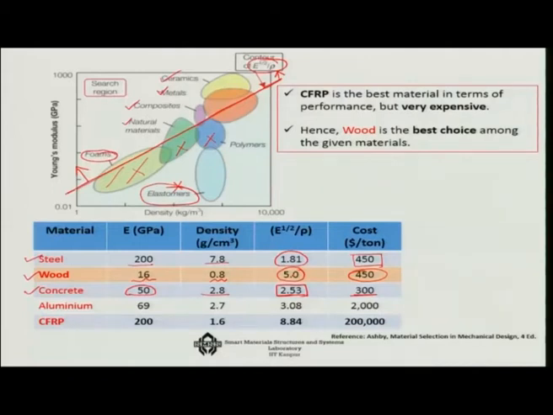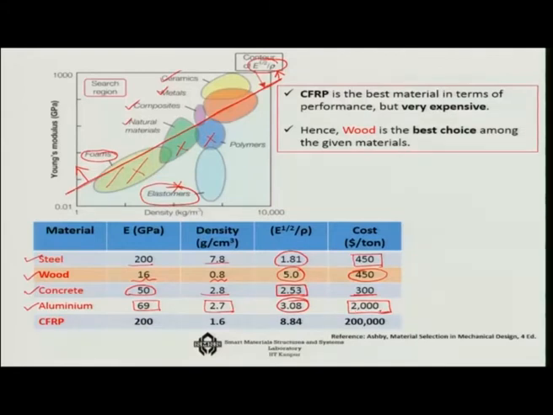Let us look at aluminum, because aluminum is one of the lighter metals, although it is more expensive. 69 gigapascal, 2.7 density gram per cc, the factor will come to 3.08, which means it is better than steel. But look at the cost, you are spending something like 3 to 3.5 times more than steel.